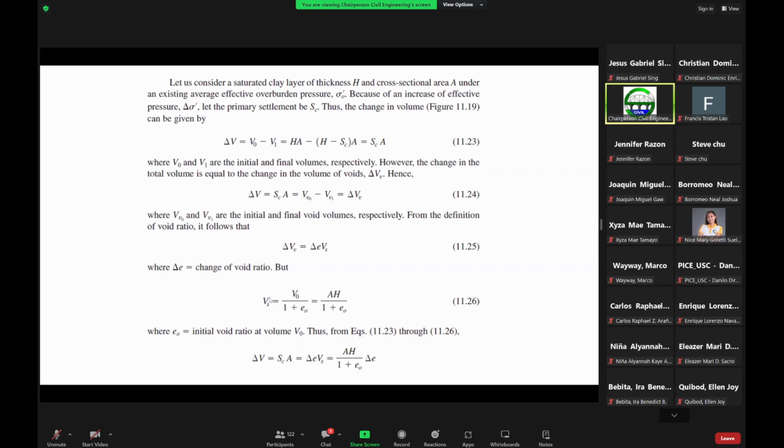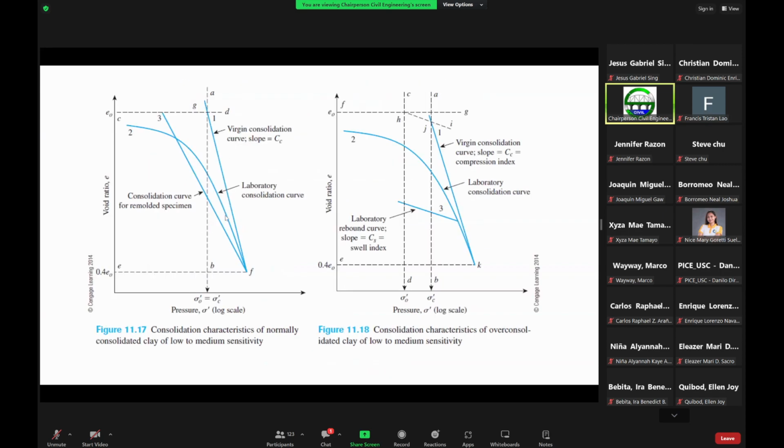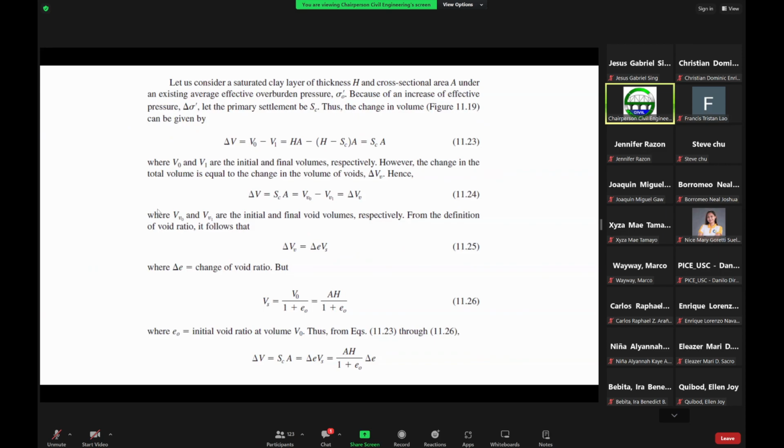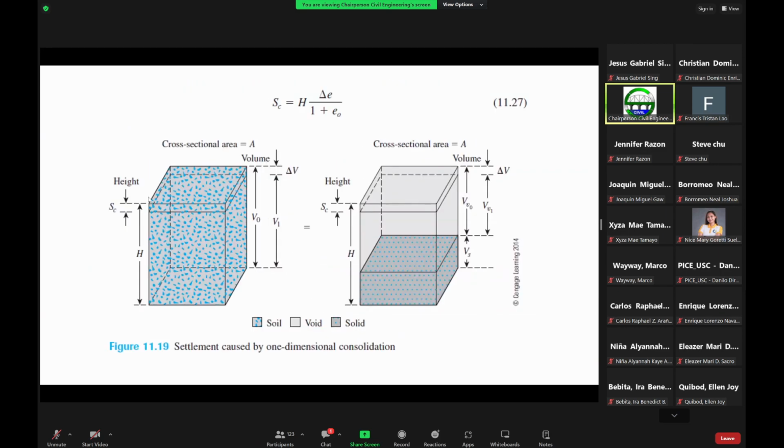Now, the volume of solids can have the equation equal to the initial volume over 1 plus the initial void ratio. So the initial volume is equal to the area, sorry, it's equal to the area times the height. That's this one here.